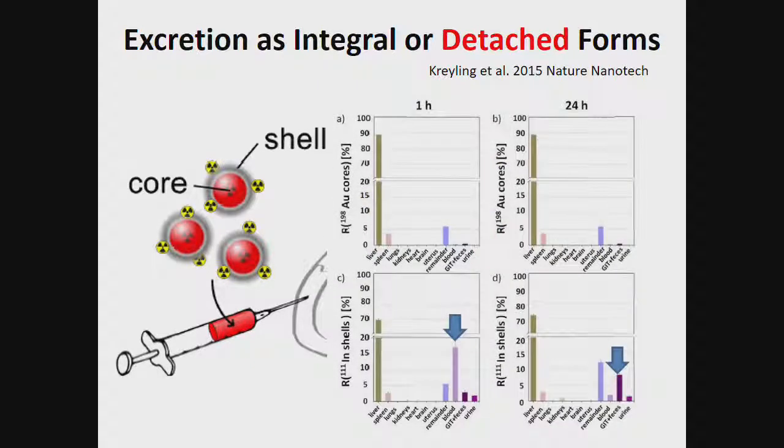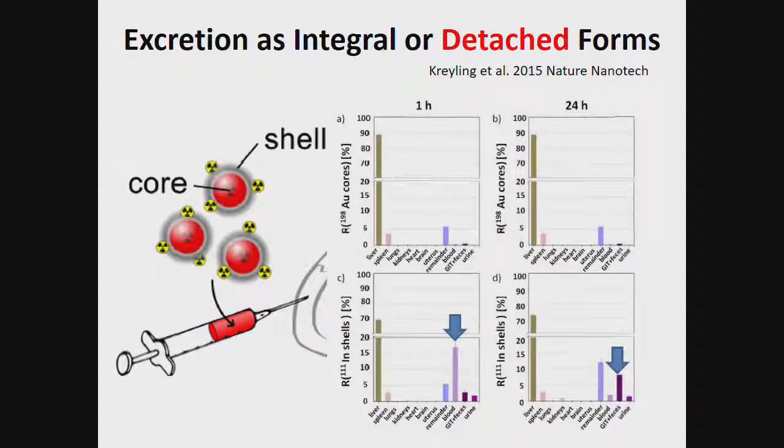They correctly concluded that in the blood, indium was labeled for the capsule and radio gold was labeled for the core. So they could correctly conclude that it's being excreted as a detached form. It means that you are seeing only the capsule. The gold is somewhere else.